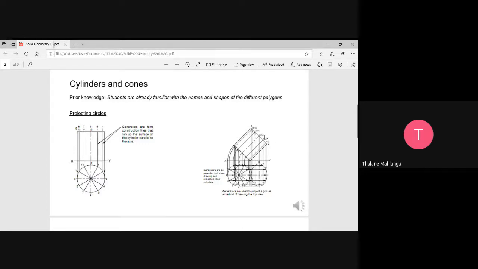Now, looking at this orthographic drawing, let's say you have a paragraph saying draw a cylinder tilted at 45 degrees. Draw a top and front view of a cylinder tilted at 45 degrees with a diameter of 30 and a length of 70.